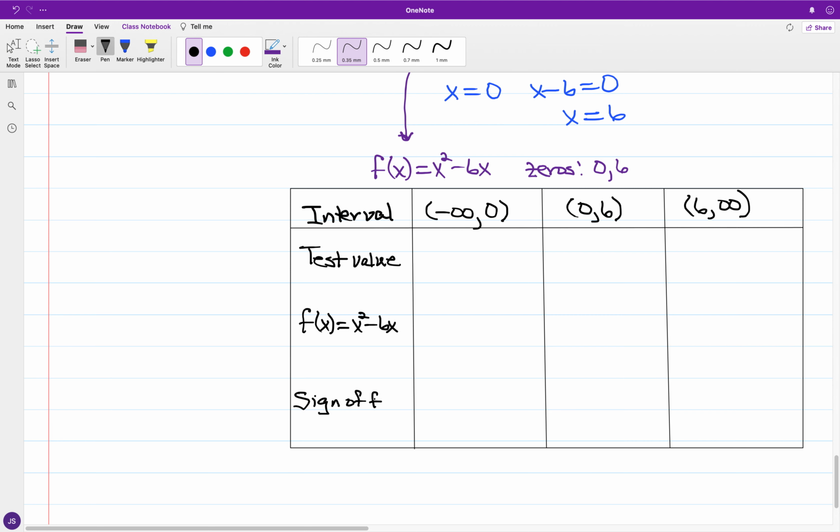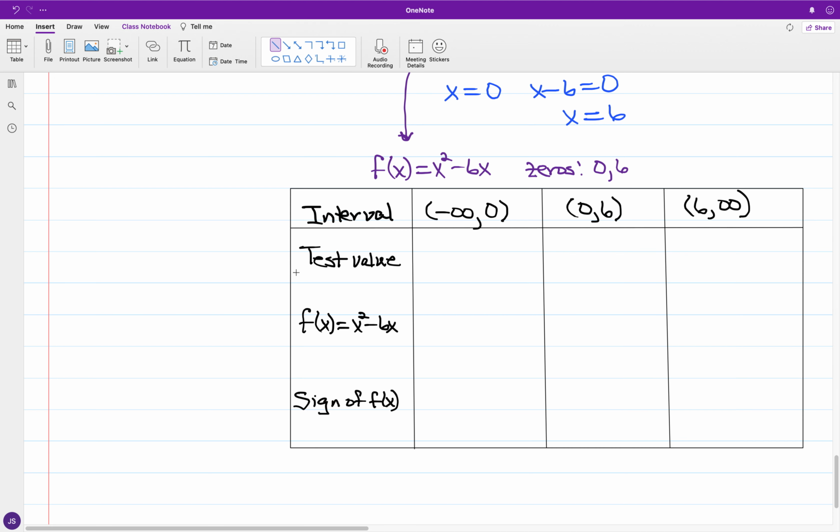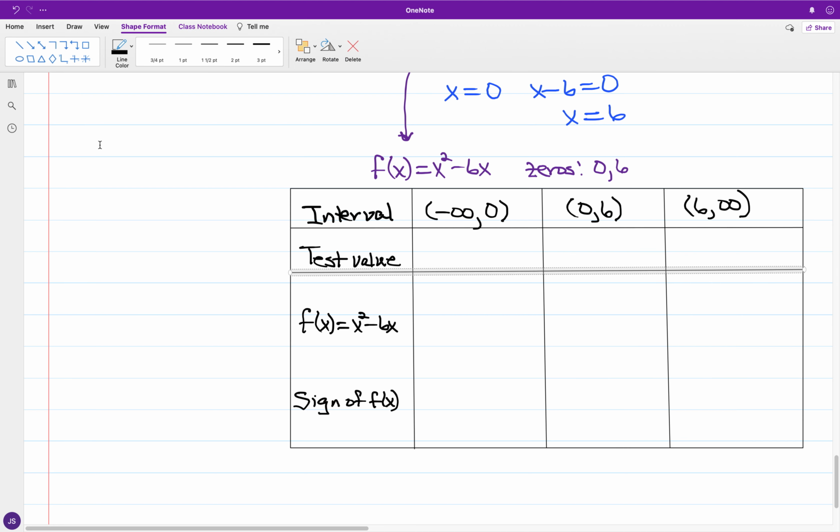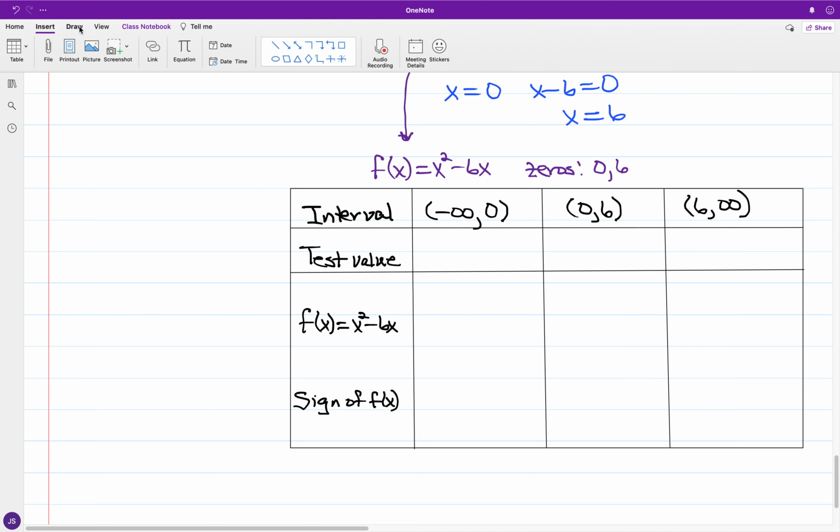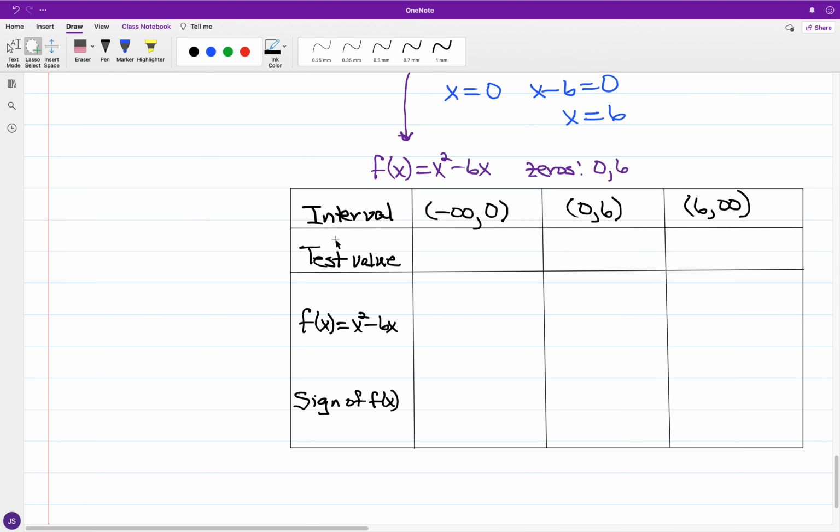Then I have the sign of f of x portion. So you have test value as in tested value for x.